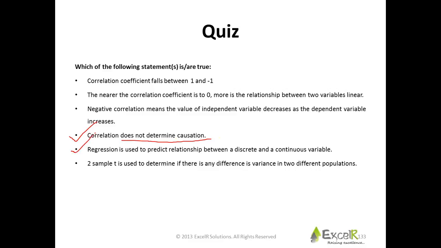All right. Regression is used to predict relationship between a discrete and a continuous variable. Is this correct? If y is discrete and x is continuous, then we have used logistic regression. Fine. But we have also used linear regression. When did we use that?